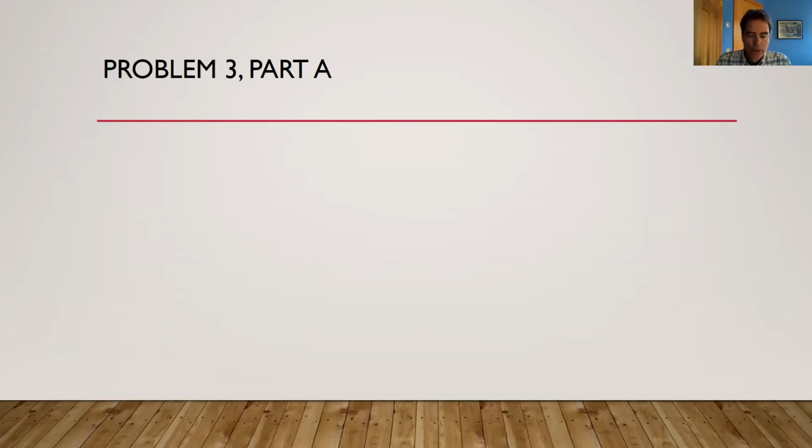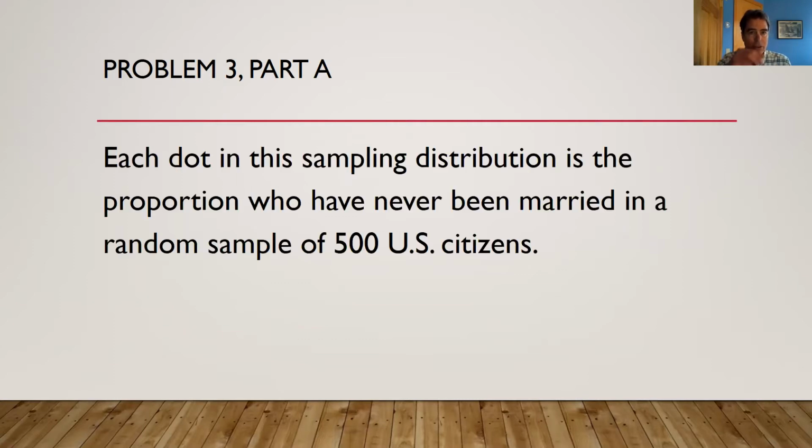But what's new here in chapter 3 is the idea of a sampling distribution. And with a sampling distribution, each dot represents a statistic computed from a sample. So for this particular example, each dot in this sampling distribution is the proportion who have never been married in a random sample of 500 US citizens.